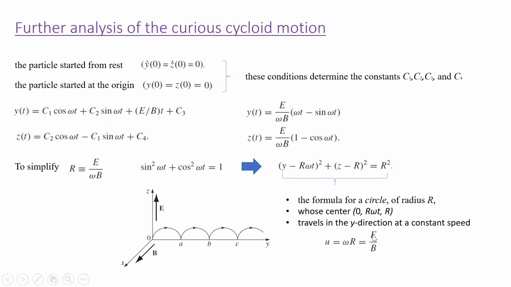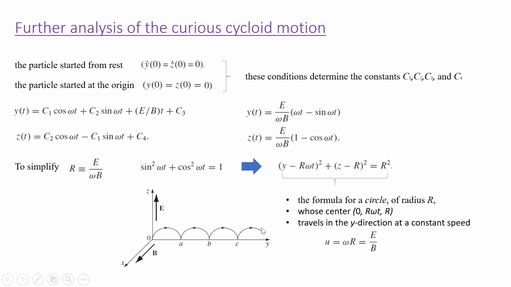Just an interesting fact there. And the center actually has position z equals E over omega b. So even though it looks like it's centered on z equals 0 here, it's actually centered on z equals E over omega b. And so we get this cycloid type motion.